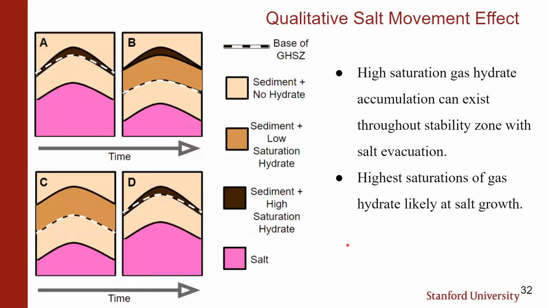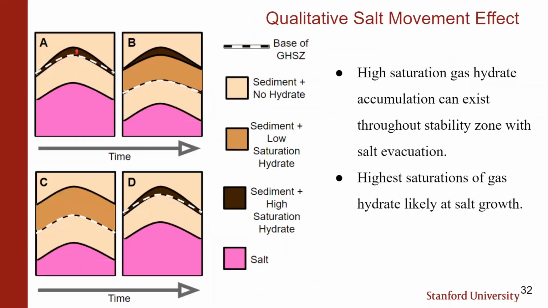Another thing we wanted to think about was salt movement and how different scenarios affect gas hydrate saturations. Here's a sketch that I created in which you have two scenarios. In this upper part, the salt diapir is actually evacuating through time, and what happens is the base of the stability zone shifts downwards.